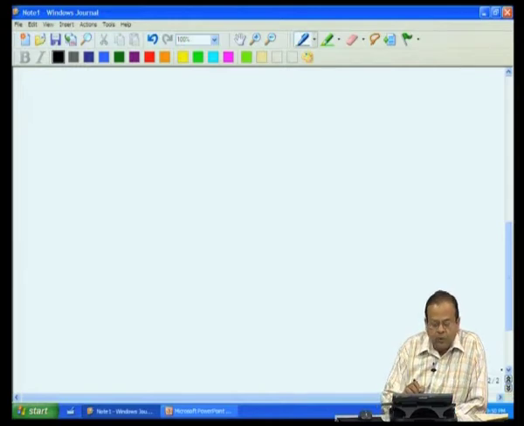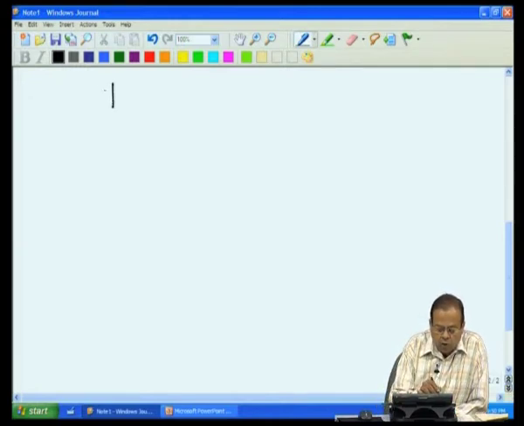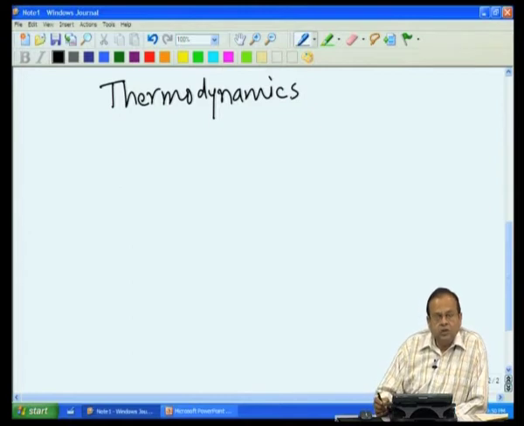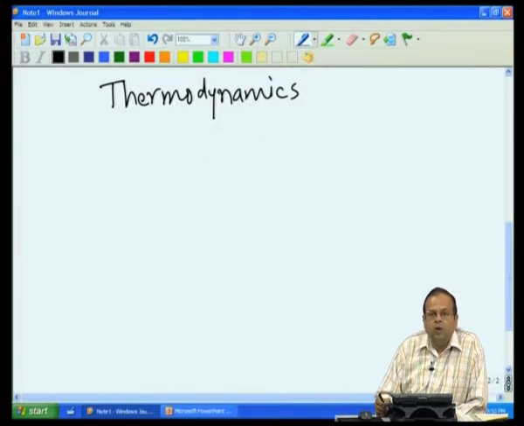Then we spent a little bit of time on looking at thermodynamics of the reaction. Now, why is thermodynamics important? It is important because it gives us the achievable conversions, or the limit to how much a reaction will progress.